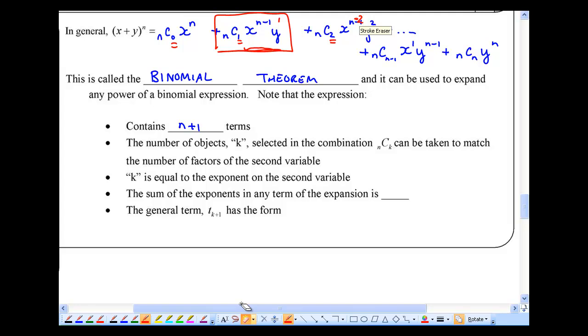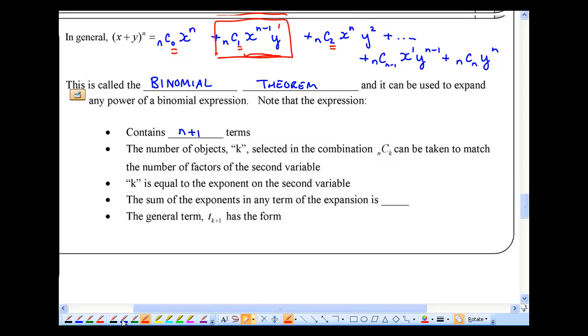How come no one stopped me earlier? Erase. Okay, it should be n minus 2. Okay, so in this case here as well, if I were to add these exponents, n minus 2 plus 2 is just n. So the sum of the exponents in any term of the expansion is n.